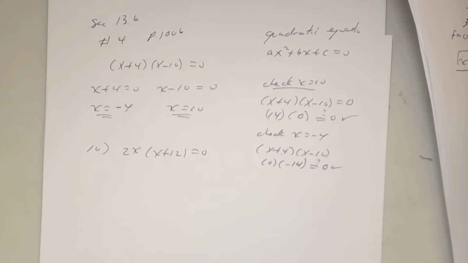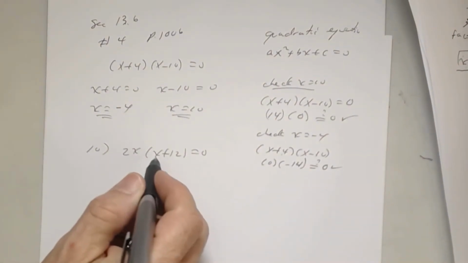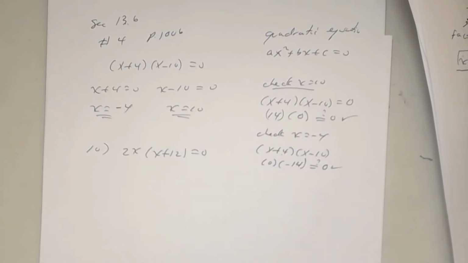But then we saw that if we FOIL it, it would be a quadratic equation. What about number 10? How can you tell that is a quadratic equation? I can't use a FOIL method, distributive property. So what's 2x times x? 2x squared. So it's quadratic.